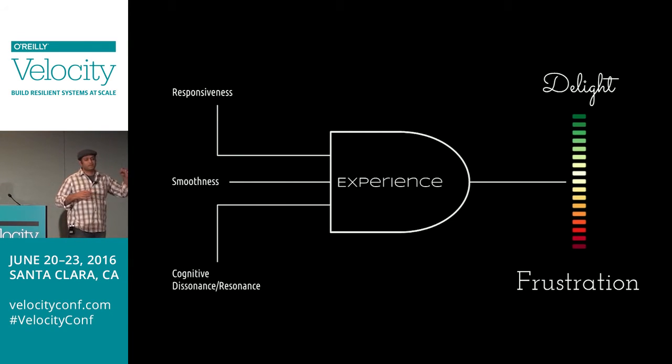And finally, cognitive dissonance or resonance. Essentially, when they try to do something, does what actually happens reflect what they expected to happen or not? If it reflects what they expected, it resonates with them mentally, and subconsciously they feel happy, they feel satisfied that what they did actually happened, or that they are in control. Whereas when there's dissonance, they feel like they're not in control, right?